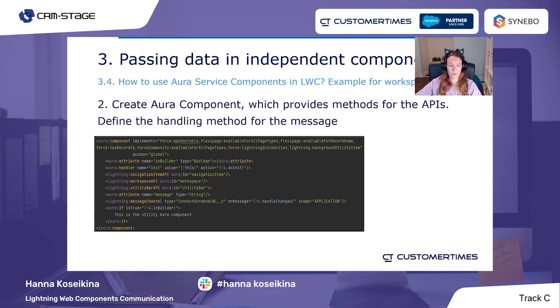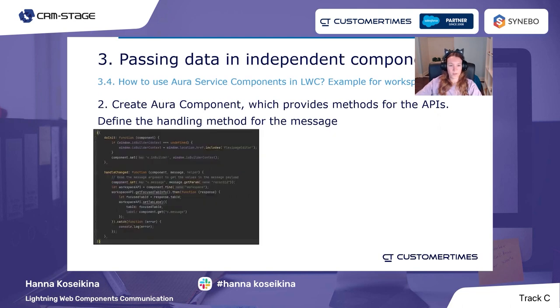And I define handling for it, on message to call handle changed, and scope application. And here is the controller. On init, I check if it's the flexi page editor or a regular page, so that on the flexi page editor we have some description of the component shown and nothing shown for regular pages. In handle changed, I get the record ID from the message and then use Workspace API to update the tab ID for the current tab.